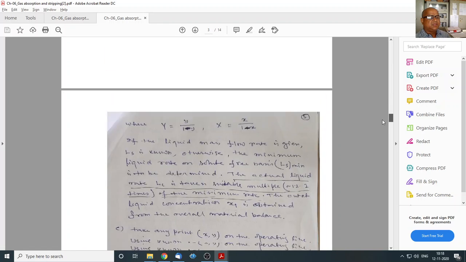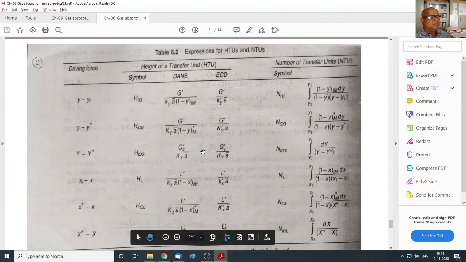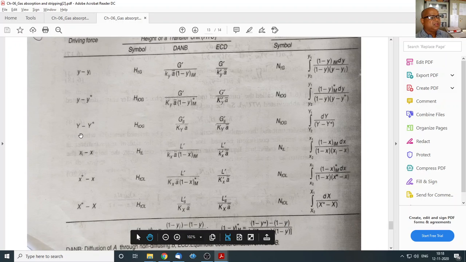We have seen this in the case of mole ratio, G' over capital KY a, and this will be your equation. The same thing is coming, so we make the calculation for this one and this one. Similarly, you can calculate all other parts also, and it will come in a similar way.